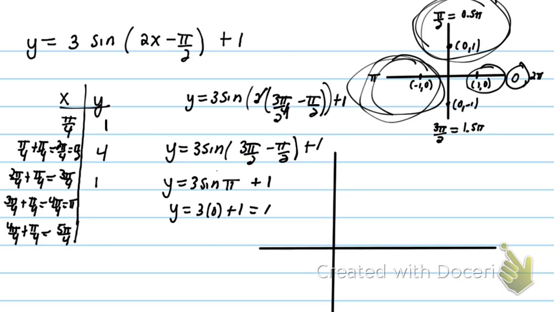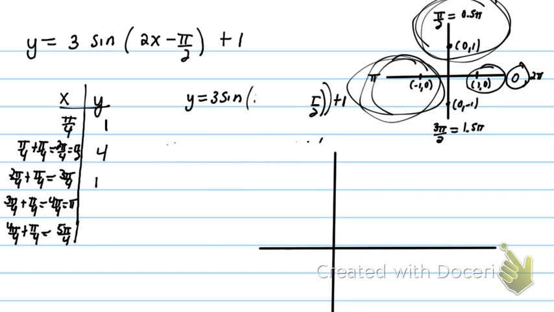Now we're plugging in pi. You guys okay if I erase? Okay. We know our next stop should be at 3 pi over 2 ultimately. So let's see. We're plugging in pi here. So we've got 2 times pi minus pi over 2 and then plus 1.